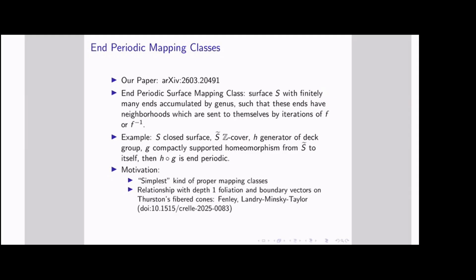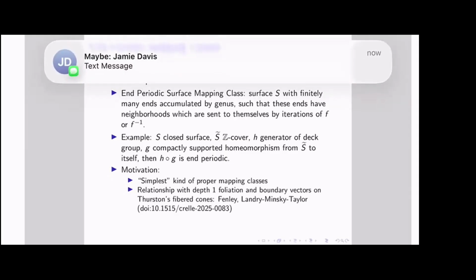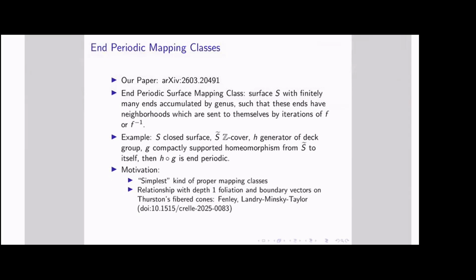If G is such a map, then we can compose the deck transformation and G in either direction, H composed with G or G composed with H. Both of these are going to be end-periodic. So this is maybe the simplest example of an end-periodic surface map. Of course, H itself is end-periodic as well, but it's topologically not interesting. If we compose it with something compactly supported, then topologically it becomes interesting.